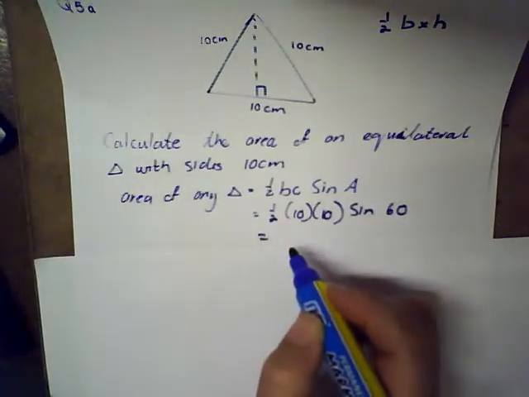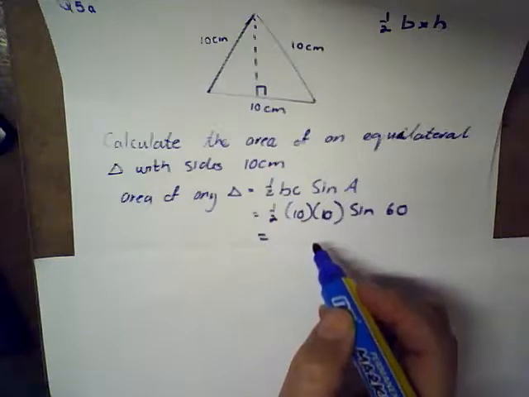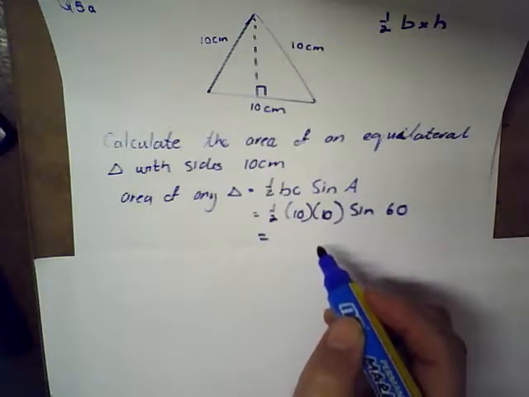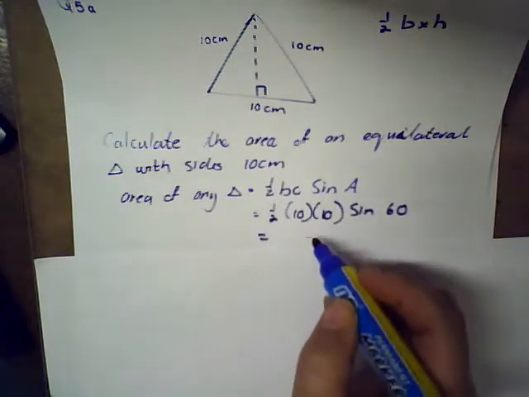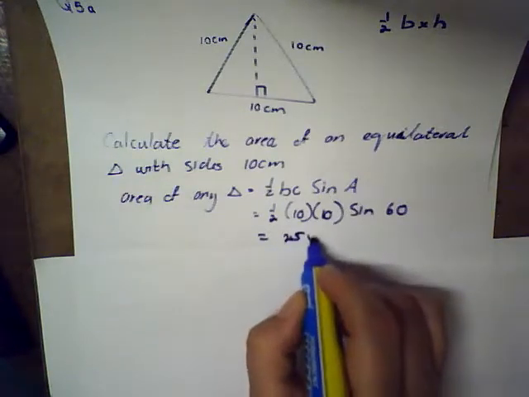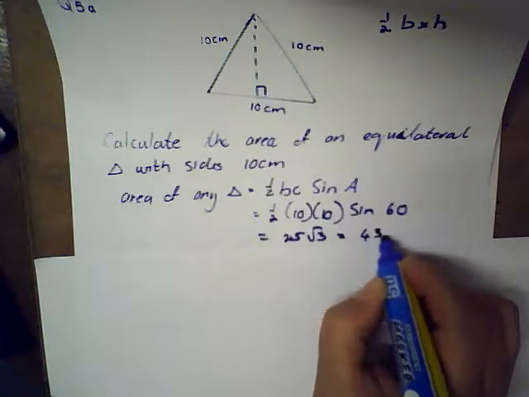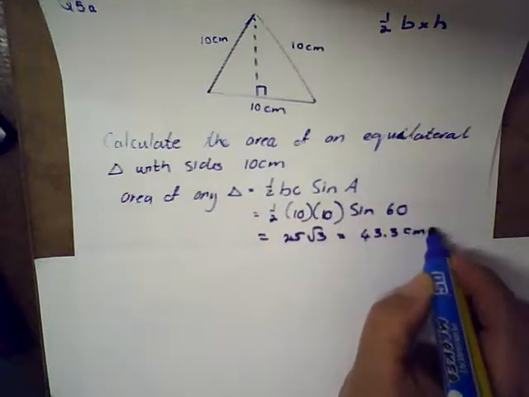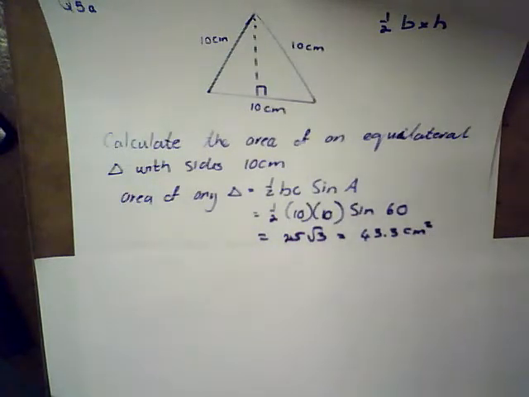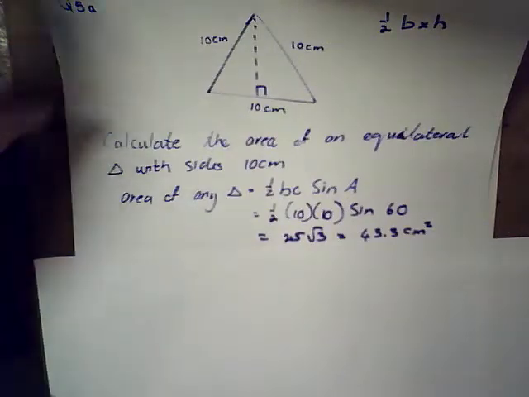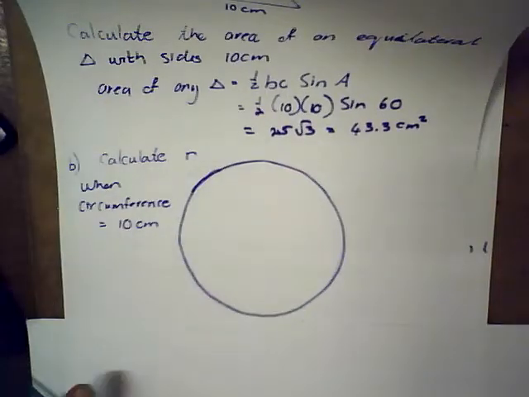If I plug that into my calculator, let me just turn the page here and do that calculation quickly. That would give me 25 square root of 3, or an estimated 43.3 centimeters squared, because it's area of a triangle. Good. Let's go on to the next one.